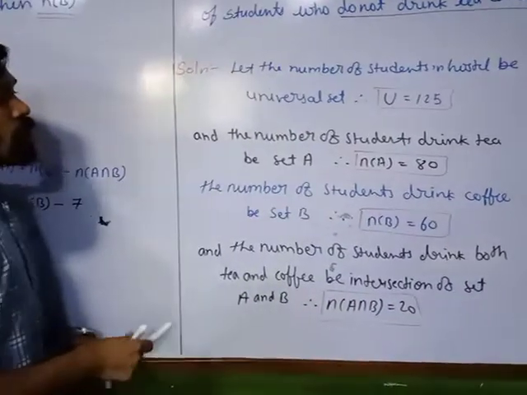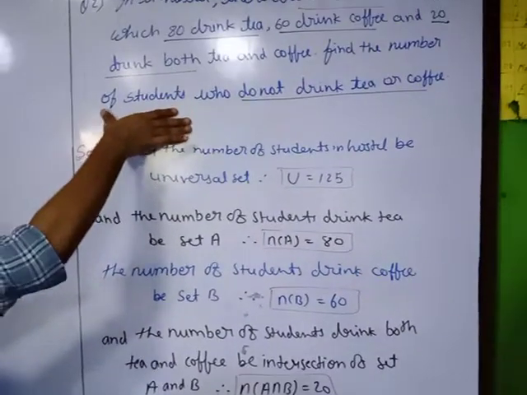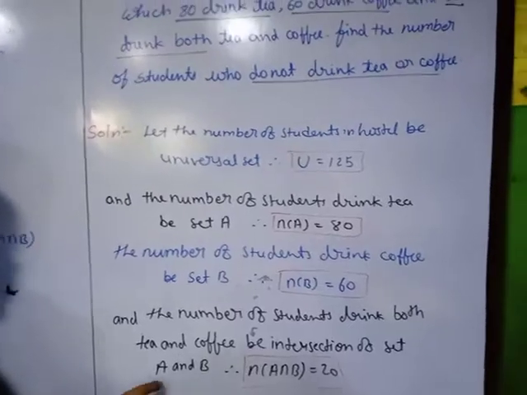This way, we assume that whatever is given in the sum, we have written in this way.